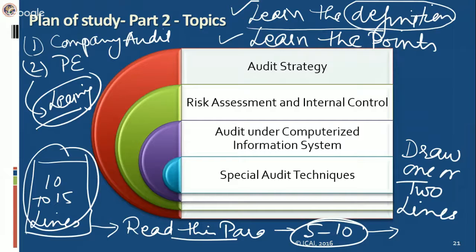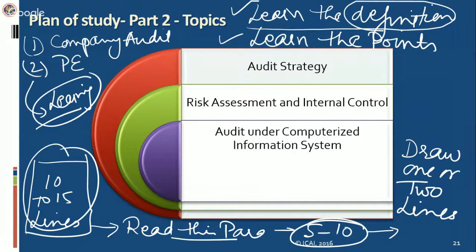So for the balance material, be it any chapter, be it bank audit, be it these chapters written before you on the screen, do it in such a manner that you are able to reproduce at least 40% of the material in the examination. So this is the whole strategy I am telling you for the preparation of the audit paper.